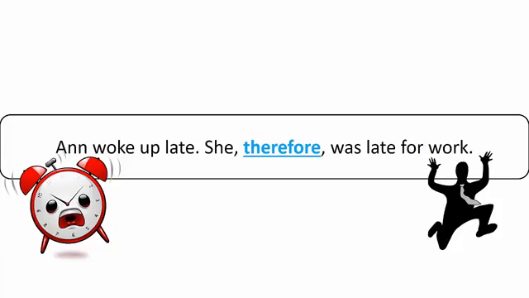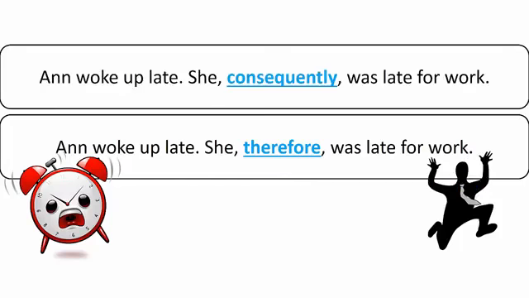As I mentioned earlier, we cannot move all transitions to these 3 places. First, let's look at some other words that can move around, like therefore. Then, we'll look at some words that cannot move. Consequently has the same meaning as therefore, and it can move to all the same positions as therefore.